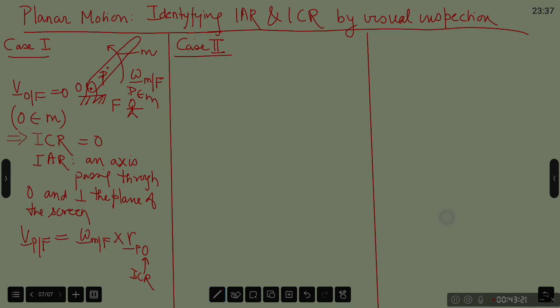Case 2. You have an RB undergoing planar motion with respect to this frame F. There are 2 points. At those 2 points, you know the direction of the velocity vector. You may or may not know the magnitude of the velocity vector, but you know the direction.